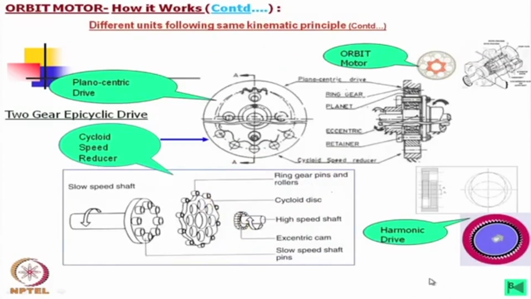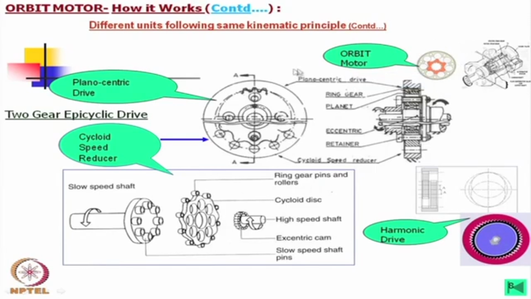Okay. Now, before going into the orbit motor, what we see is the working principle, the kinematics, I have shown. In that category, the harmonic drive is there, and the orbit motor also falls in the same category.